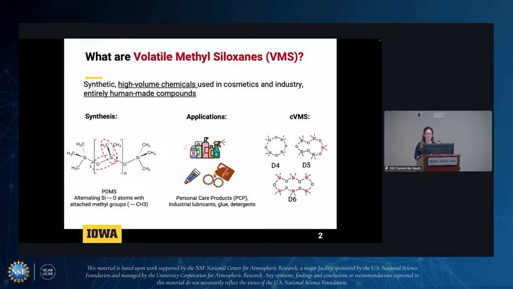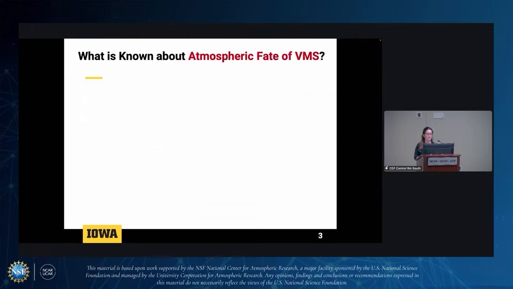Some of the important cyclic volatile methyl siloxanes are D4, D5, D6, with the number representing the number of silicon atoms in their structure. And D5 is one of the predominant and ubiquitous cVMS in the atmosphere.